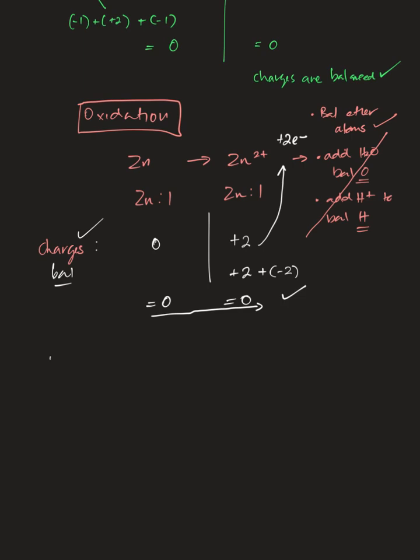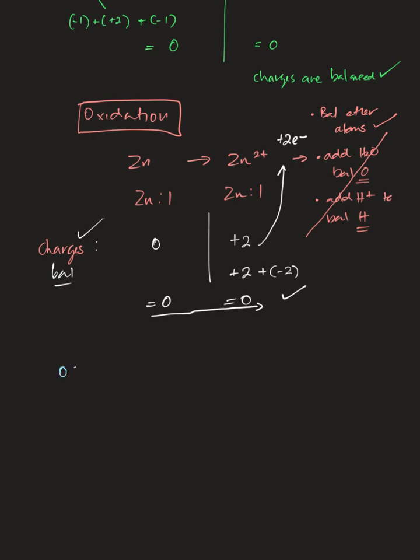Right, the second thing that needs to happen here is that I need to write down my 2 reactions, and I need to make sure that it evens out in terms of electrons. I need to know that those electrons are all the same. So let's have a look.